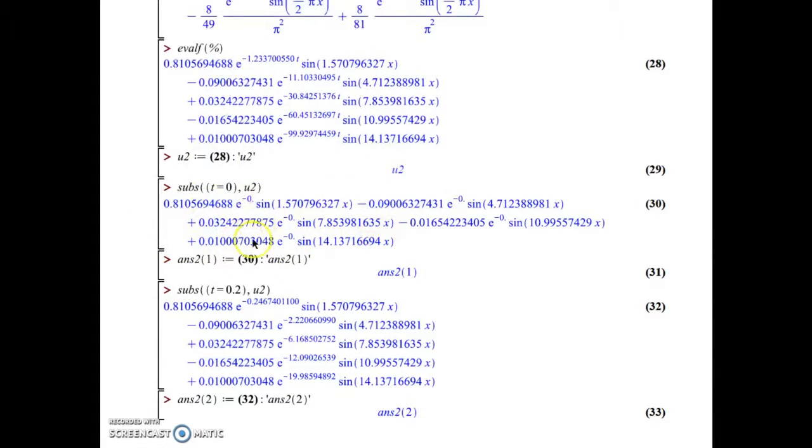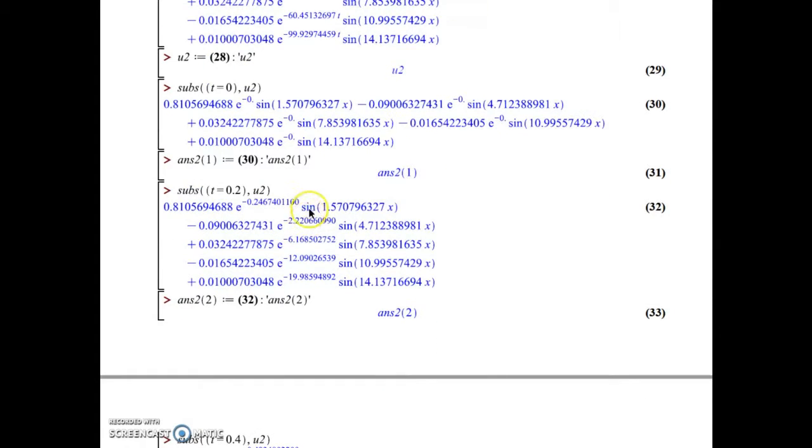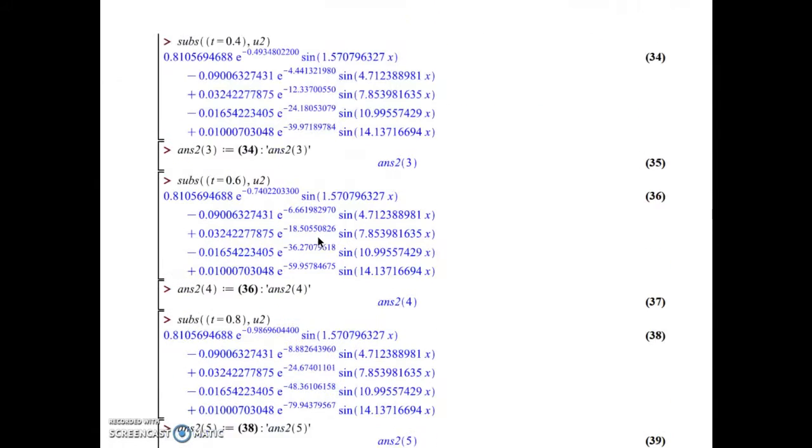We assign this set of values as answer 1. Then we do this by adding 0.2 each time until it becomes 1, to get every set of values, which is a total of 6 sets of values.